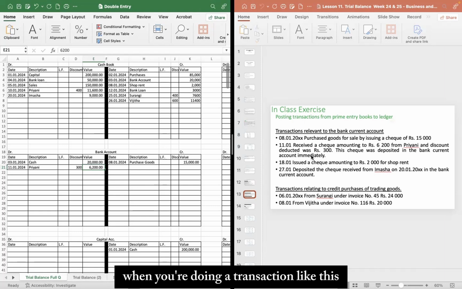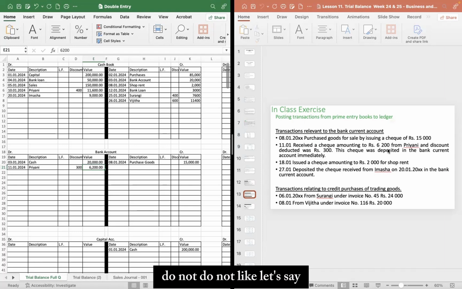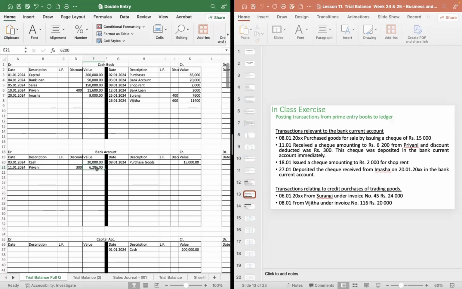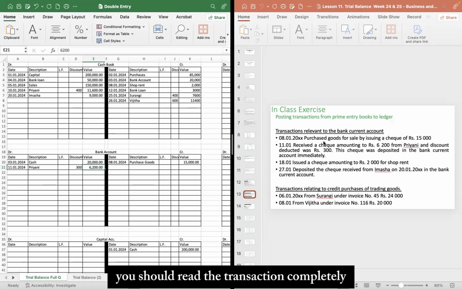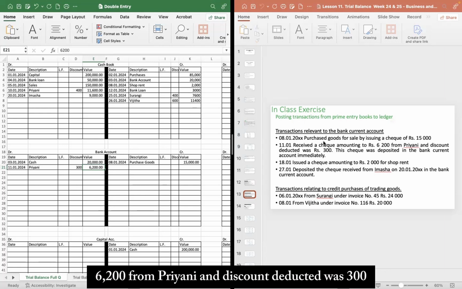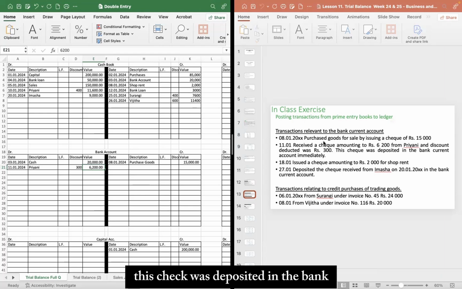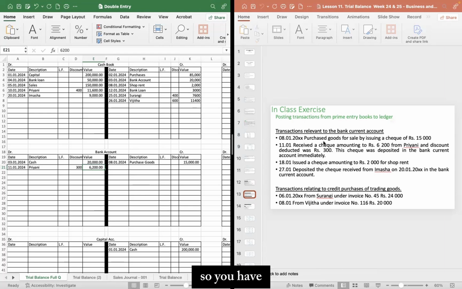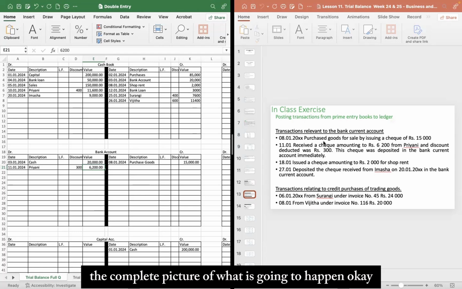When you are doing a transaction like this, read the transaction completely. On January 11th, received a check amounting to rupees 6,200 from Priyani and discount deducted was 300. This check was deposited in the bank current account immediately. So you have the complete picture of what is going to happen.